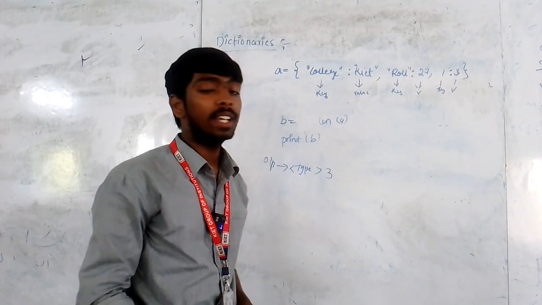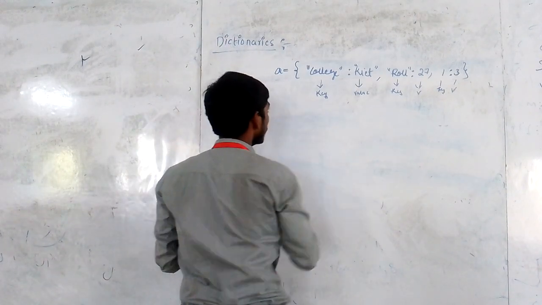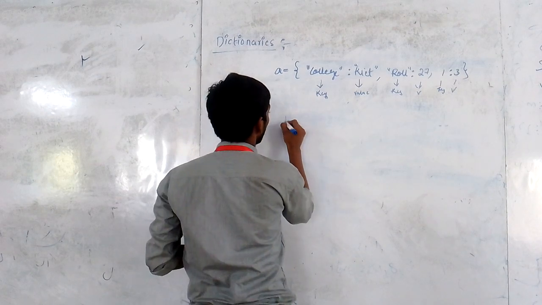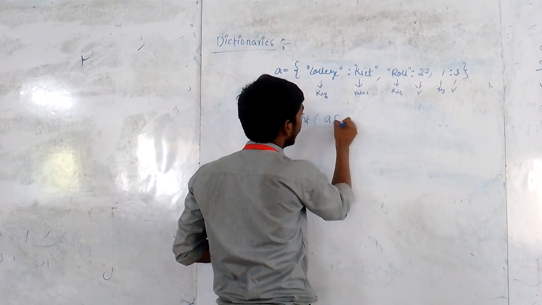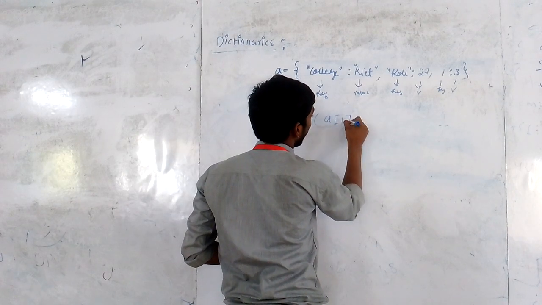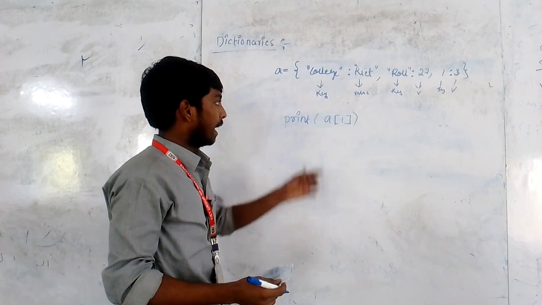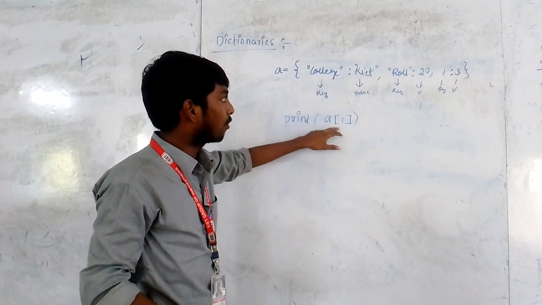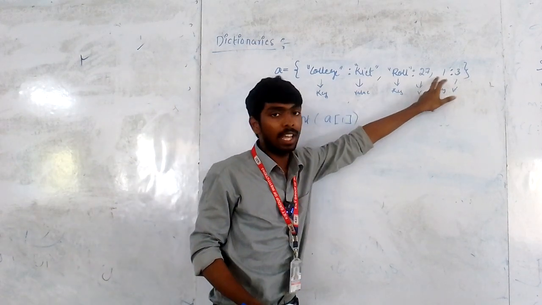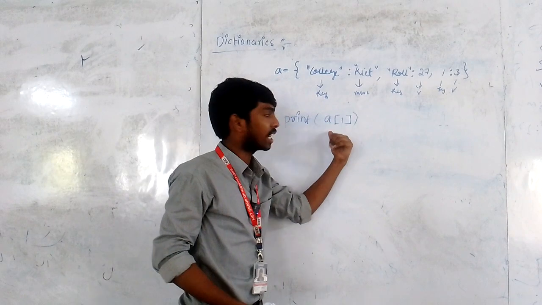So let's see how we can access elements in a dictionary. For example, you want to print a of 1. Remember, a of 1 will not take the index value; a of 1 means a of key. We have given the key number here, so it will give the value of this key.